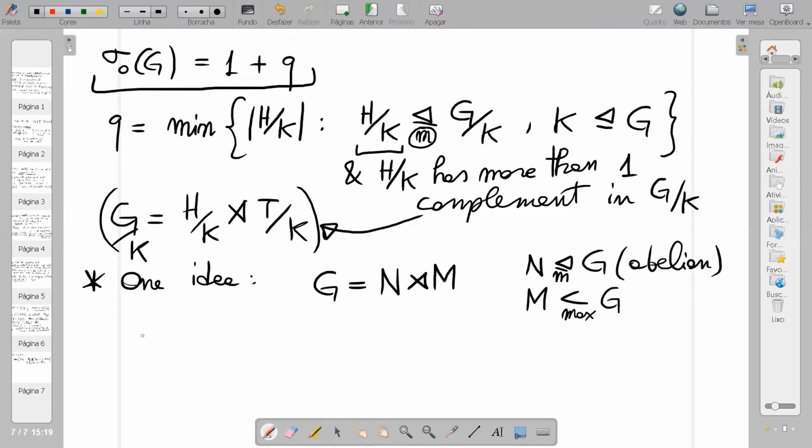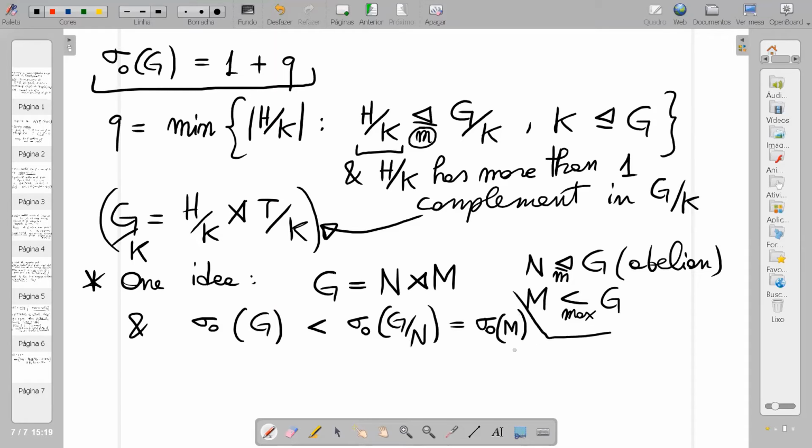And assume that sigma 0 of G is strictly less than sigma 0 of the quotient, where the quotient in this case is isomorphic to N, so sigma 0 of N. So assume that we are in this situation, with this strict inequality here.